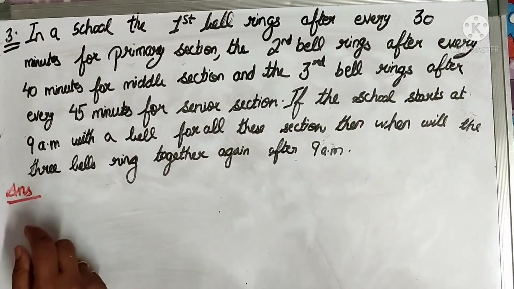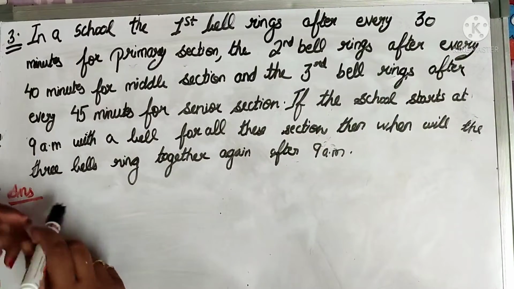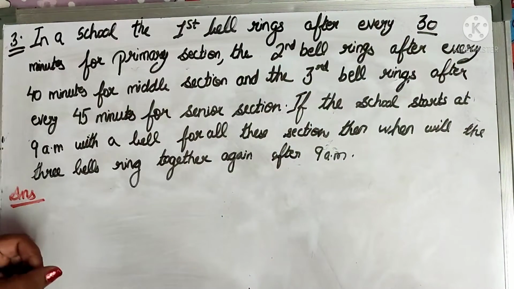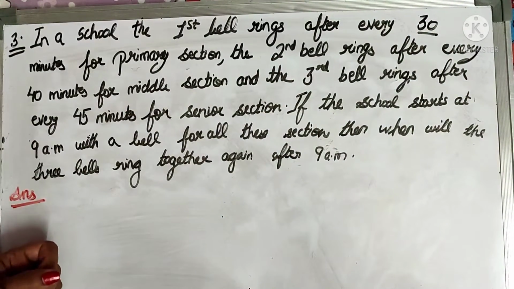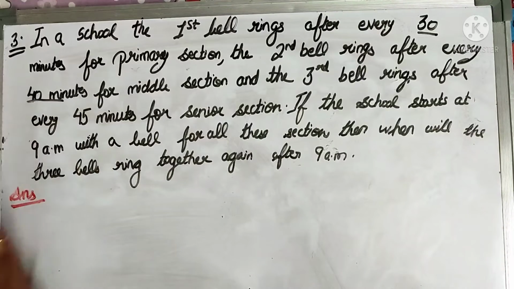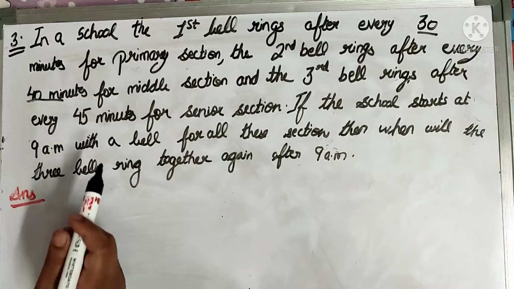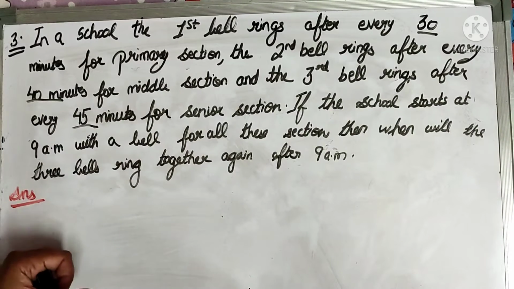Now let us solve the third word problem. The question is: in a school the first bell rings after every 30 minutes for the primary section. The second bell rings after every 40 minutes for the middle section, and the third bell rings after every 45 minutes for the senior section.